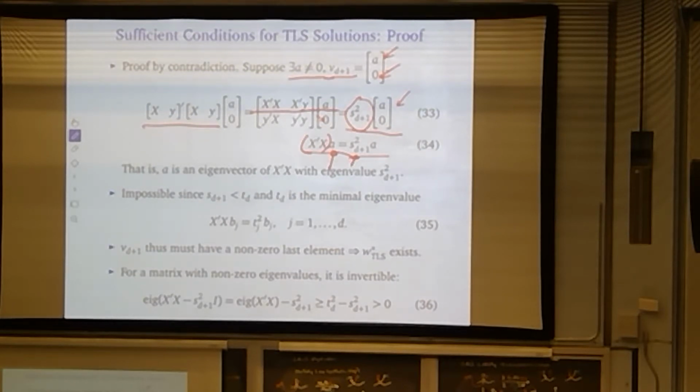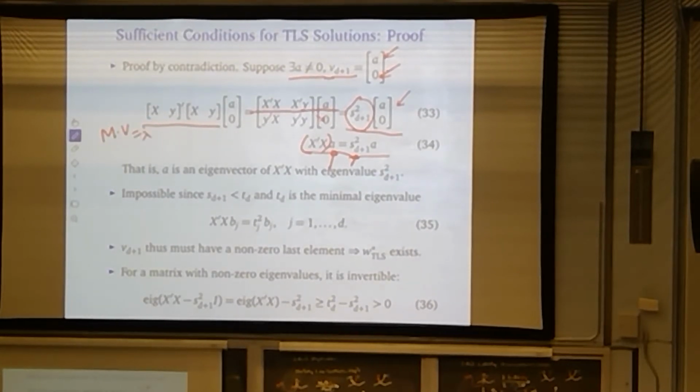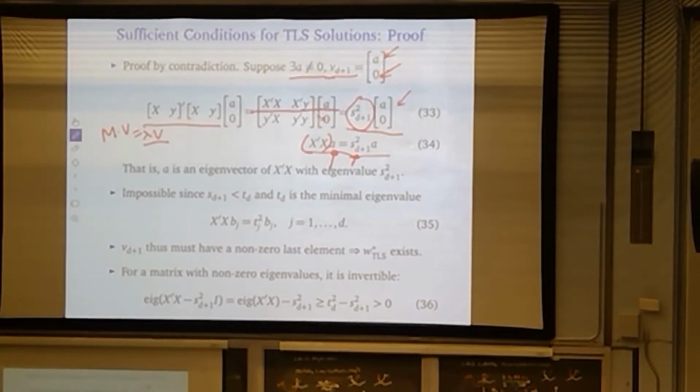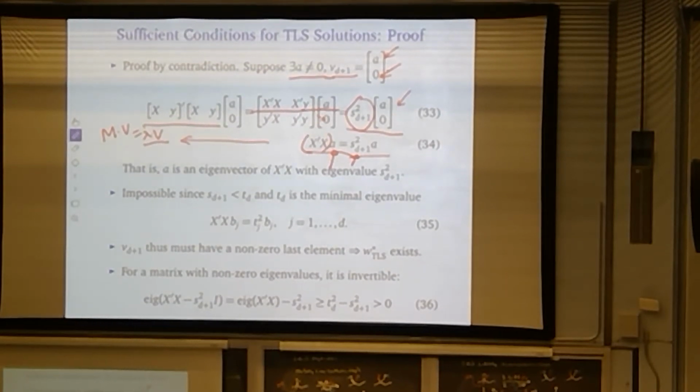That's just the definition of eigenvector, right? If V is an eigenvector of M, we have this equation, right? M applied to V is just V scaled by lambda. It's an invariant subspace of M as a transformation, right? So this fits that definition, and A is an eigenvector of X transpose X with eigenvalue SD plus 1 squared.